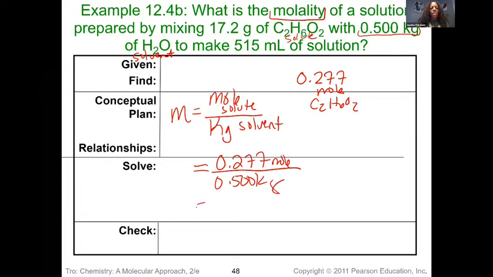And that gets us 0.554 lowercase m. Now, if we compare that to our previous answer of 0.538, you see they're pretty close. And I guarantee if this is a multiple choice question, both answers would be an option. So just make sure when you're doing this, you've read the problem, you're solving for the proper thing. In this case, that being our molality.